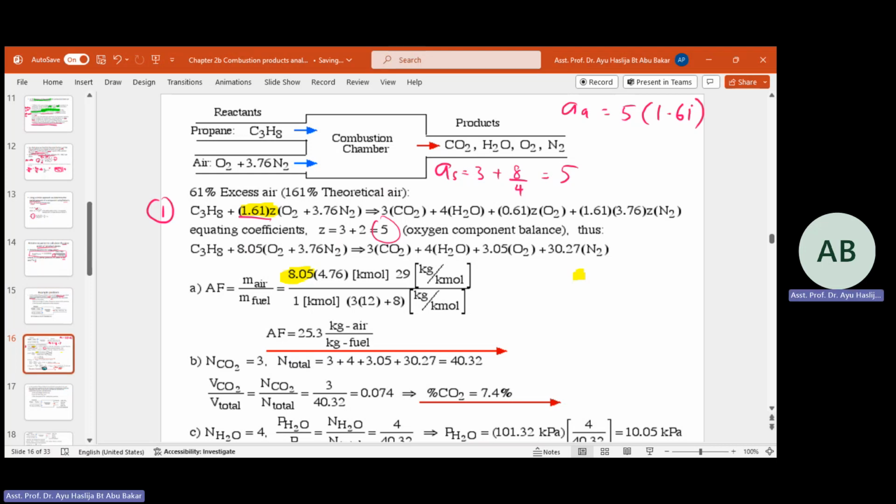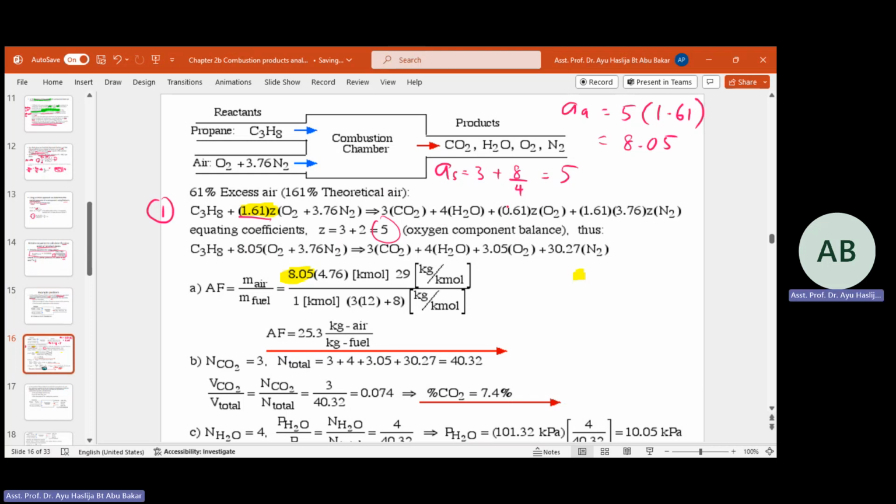Why 1.61? 61% tadi adalah excess. Okay, so from there, make sure semua balance lah, the products.